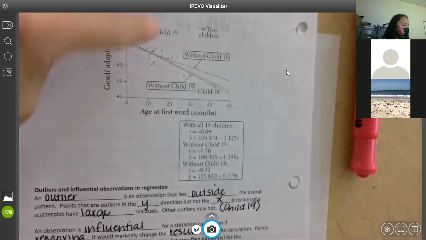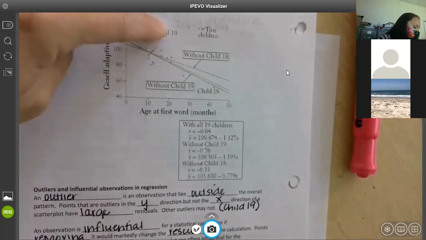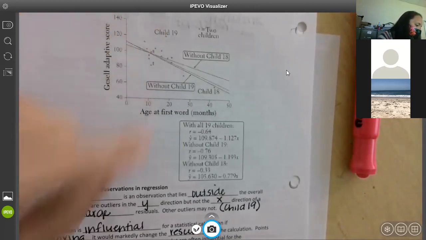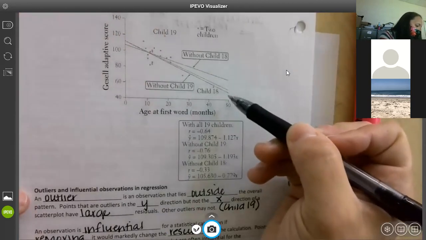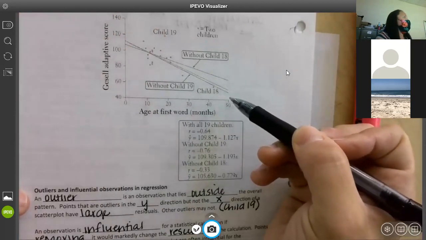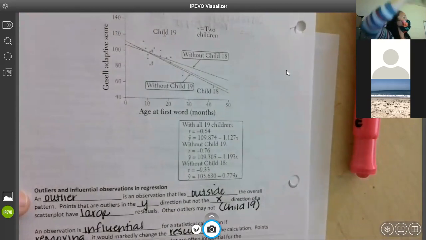So that's all that chart is showing you. I have child 19 here. With child 19, it's going to be the one in the middle, but without it, it's going to pull it back down towards everything else. So you see it pulls it towards child 19. Does everybody see that? Same thing with 18. It'll do that as well.